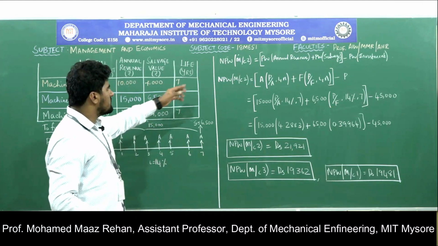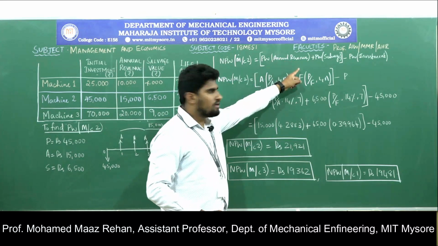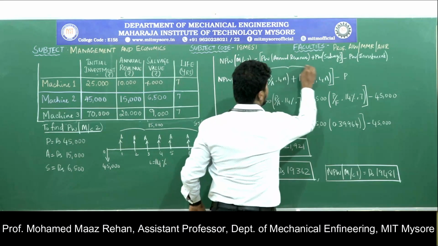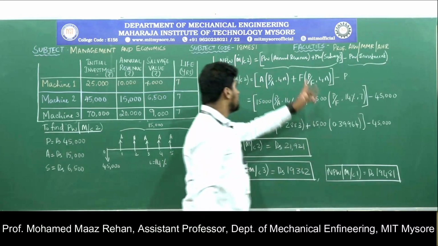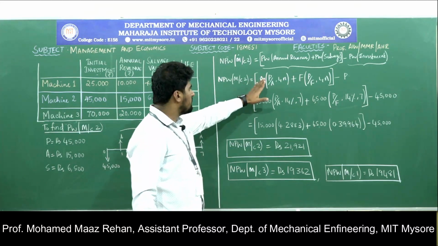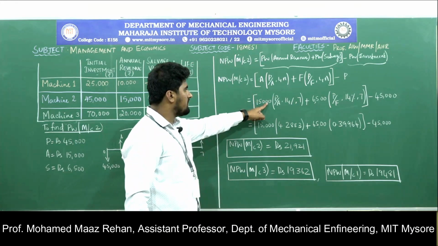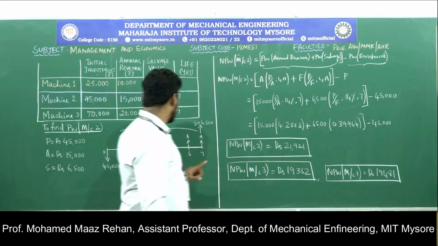So how can we write this? Net present worth for machine 2 is given by present worth of annual revenue plus present worth of salvage. These are nothing but your inflows, this is nothing but your outflow. So here annual A we know, right? So we are finding by using compound interest table. A they have given as 15,000. (P/A, I, N) to find P when A is known.